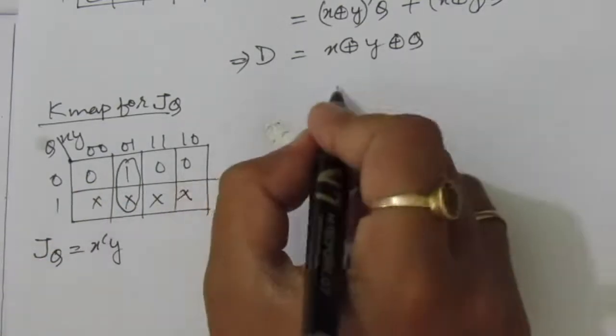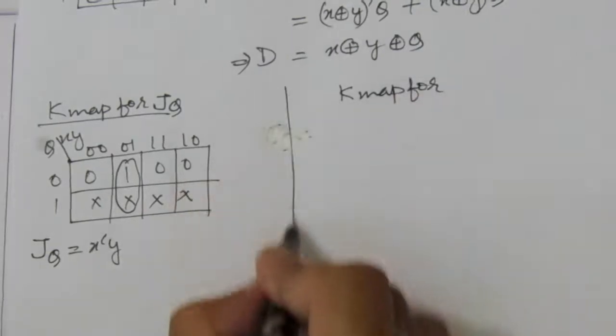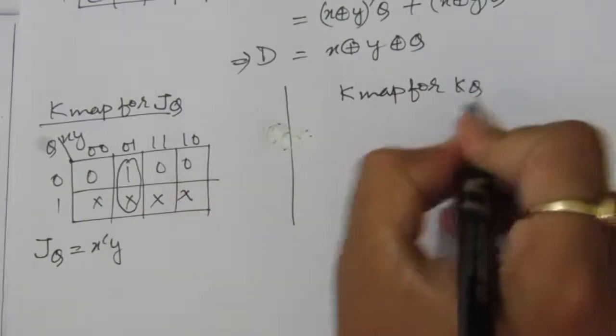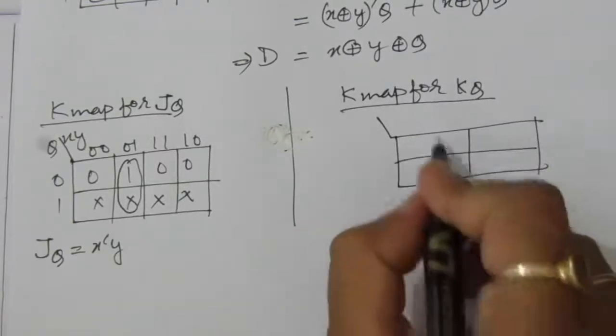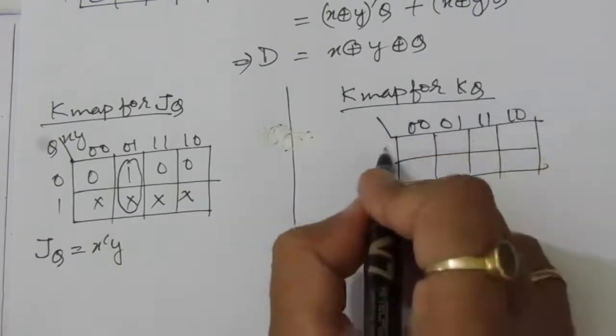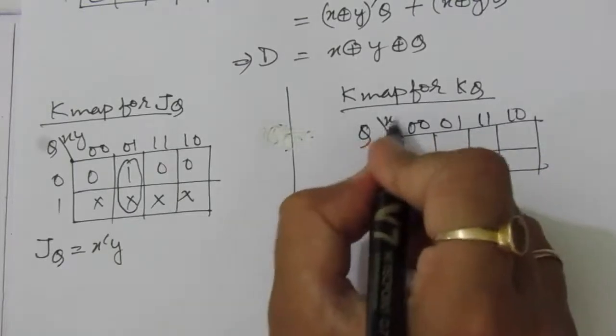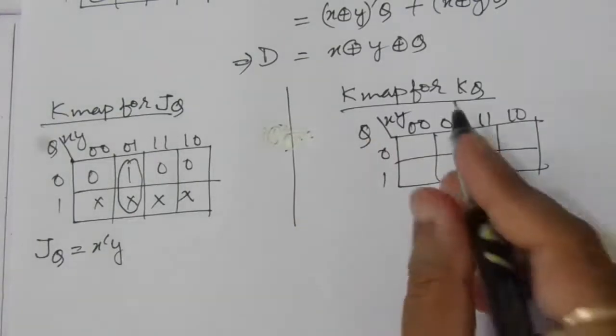Now we will find out the K map for KQ. So here also we'll have a three variable map: 0 0 0 1 1 1 1 0 0 1 for q x y. Okay, now we have to fill this K map with the values of KQ.